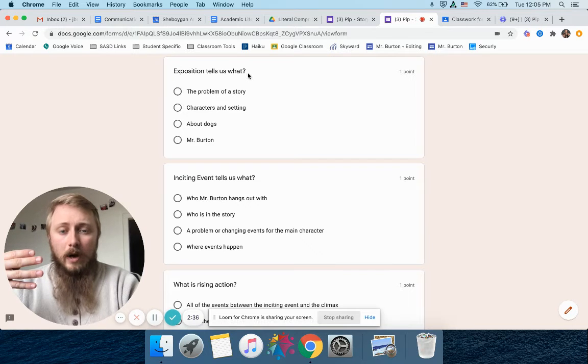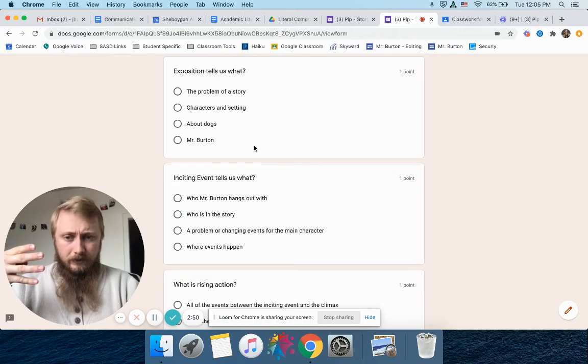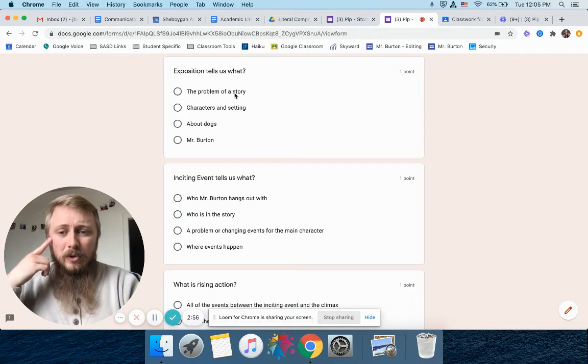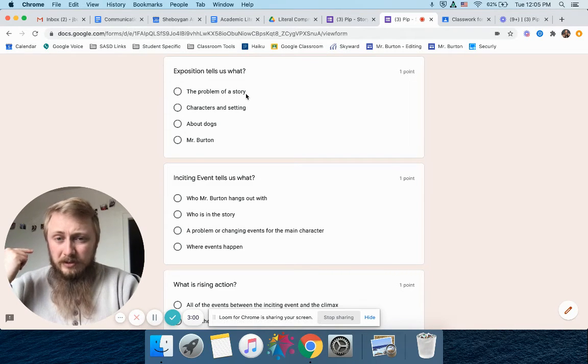Exposition tells us what? Exposition tells us the problem of a story, characters and setting, about dogs, Mr. Burton. Out of those 4 options, the problem of a story sounds like it could be right. I mean, we're talking about story arcs.